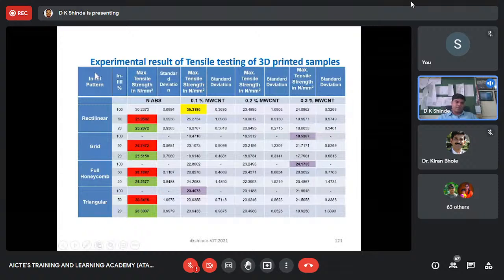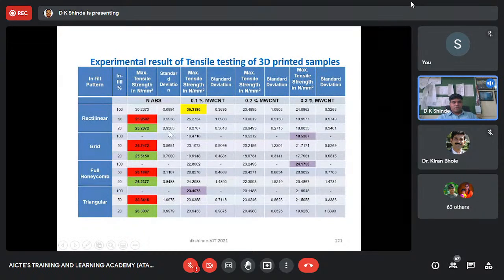So here you can see the rectilinear infill patterns. First for 100, 50 and 20, we have seen tensile strengths of 30 megapascal and 25 megapascal in the natural ABS. Standard deviation is also captured so as to understand what defects or imperfections occurred during the 3D printing of those kinds of materials.